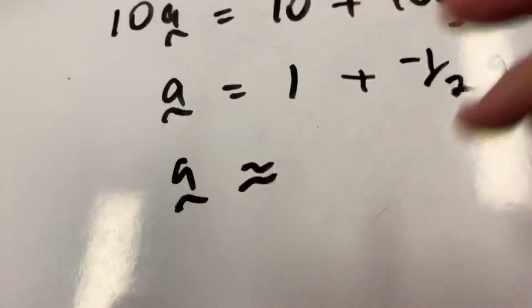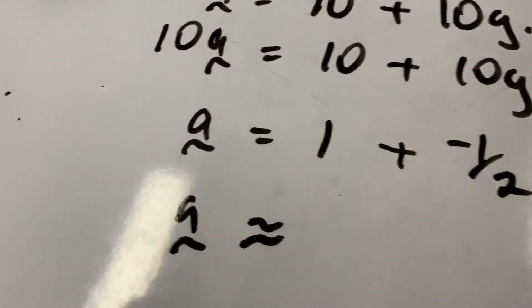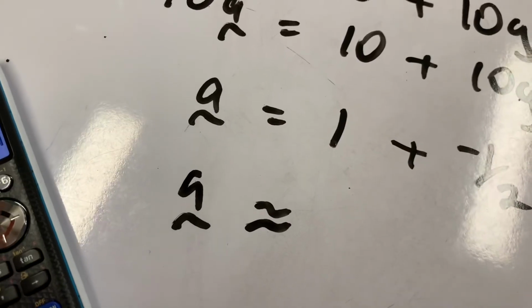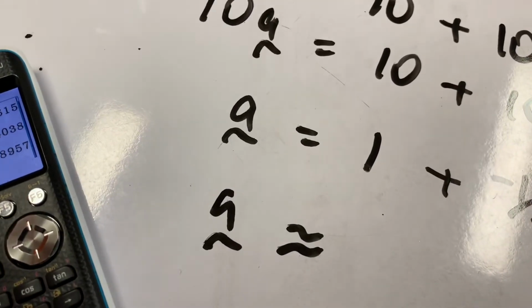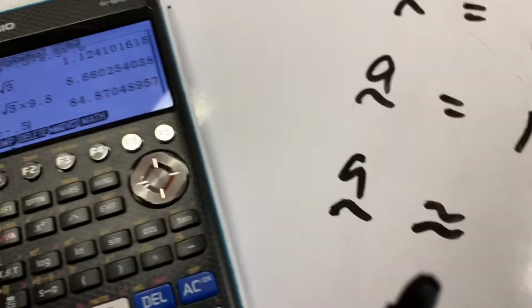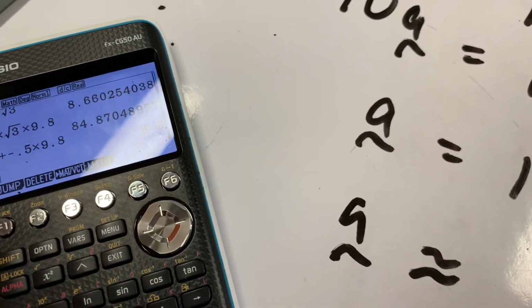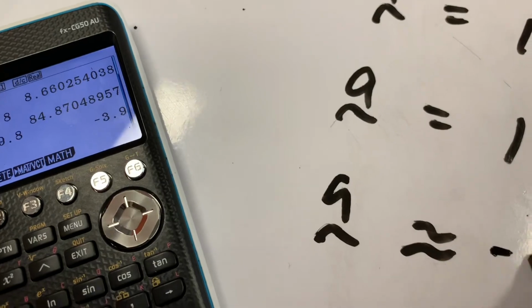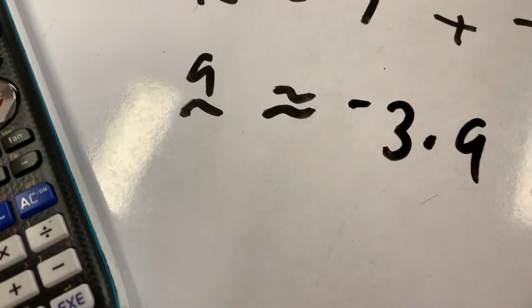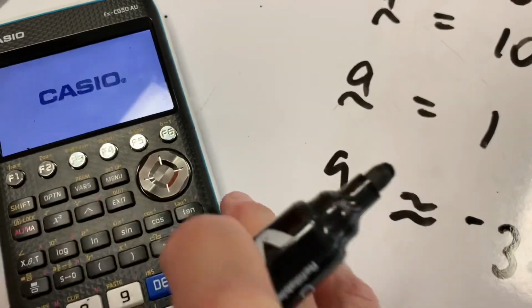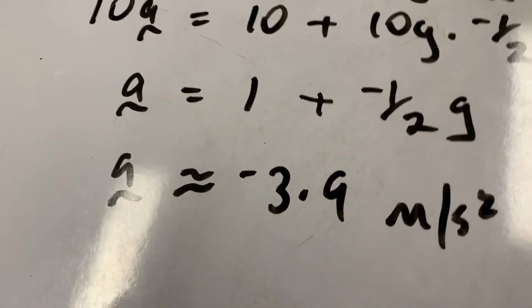So what is that going to be approximately? Let me grab my calculator. 1 plus negative 0.5, times 9.8 equals negative 3.9 meters per second squared. Now, it's coming out as a negative.